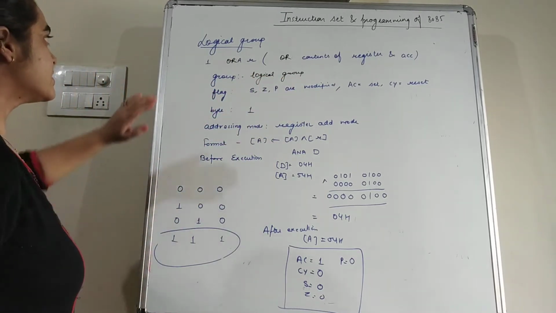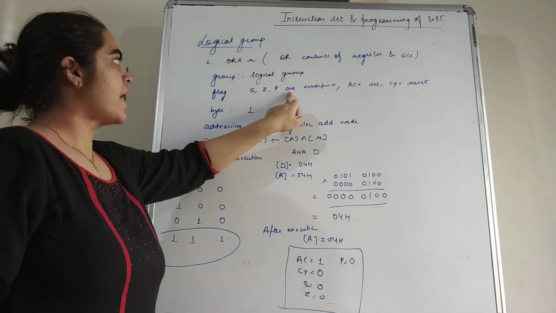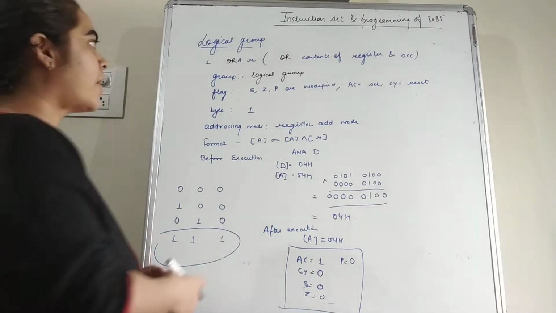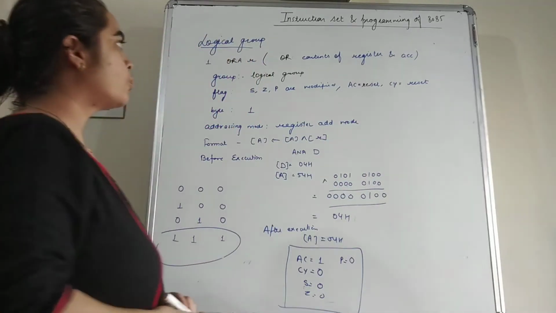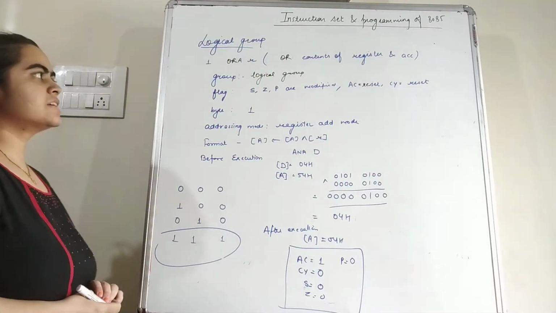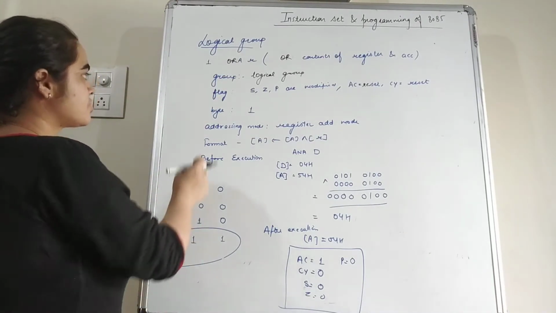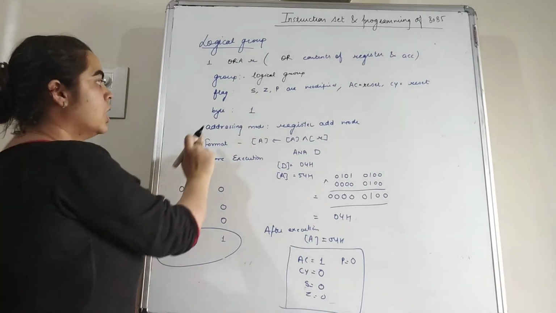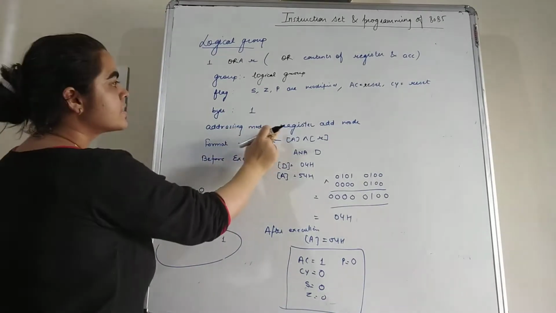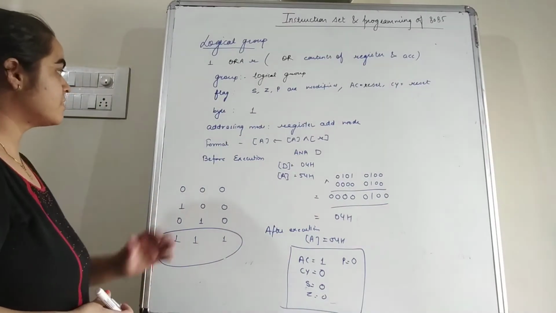Flags affected: students, in case of ORA, sign, zero and parity flags are modified, while AC and the carry flag are reset. Both the values, AC and CY, are always reset after the execution of this instruction. The byte occupied by this instruction is 1. The addressing mode is register addressing mode because the name of the register is specified.